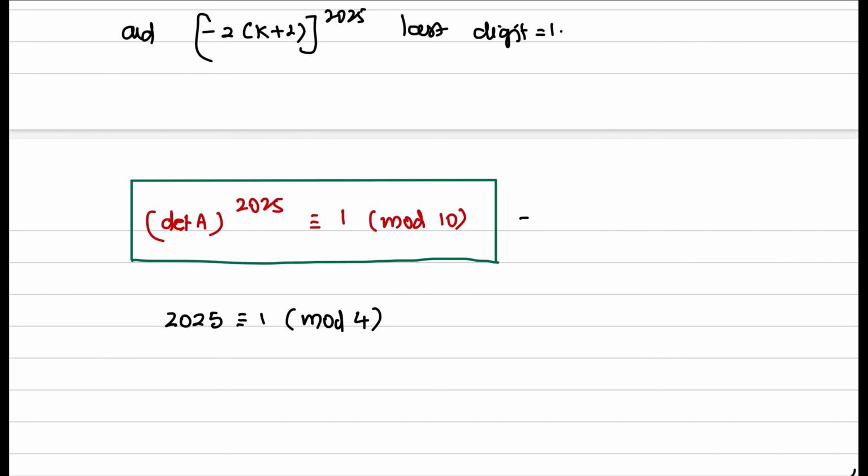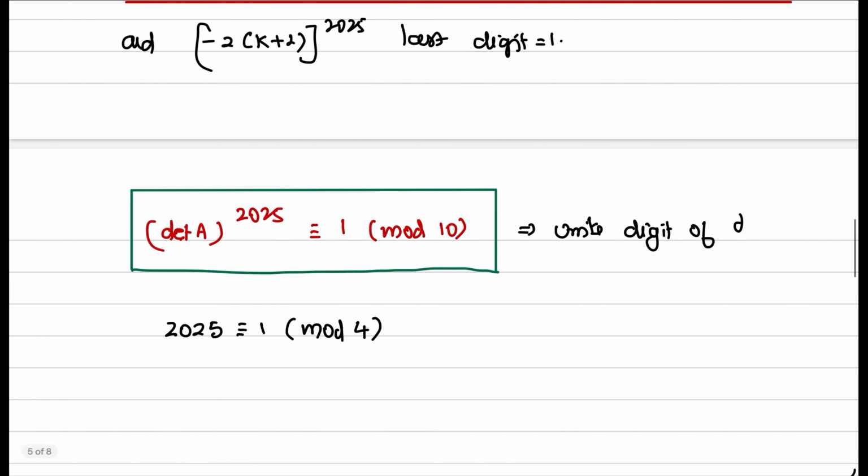This implies the units digit of determinant A to the power of 2025 has to be 1.